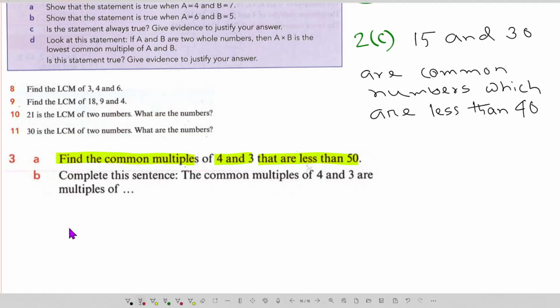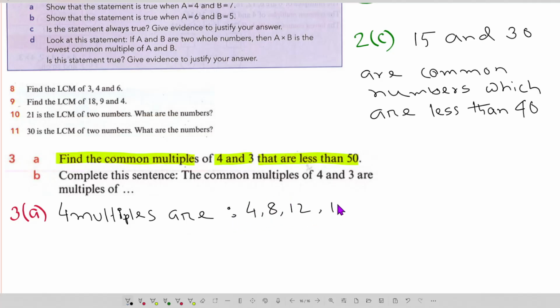So we can write like this: 3A, 4 multiples are. So 4, 8, 12, 16, 20, 24, 28, 32, 36. Okay, then 3 multiples are.